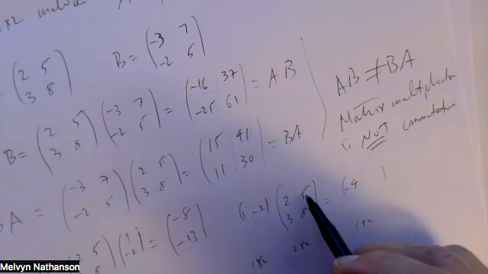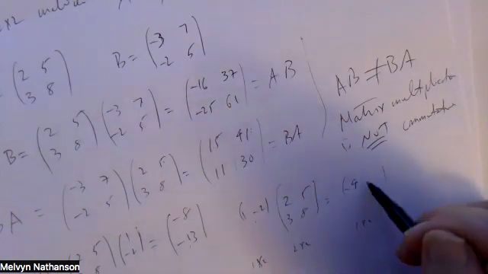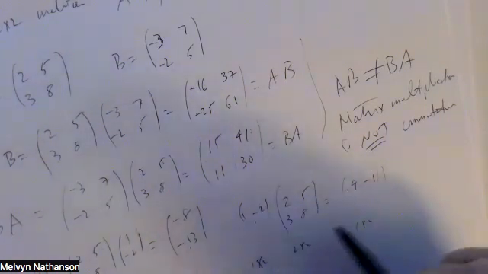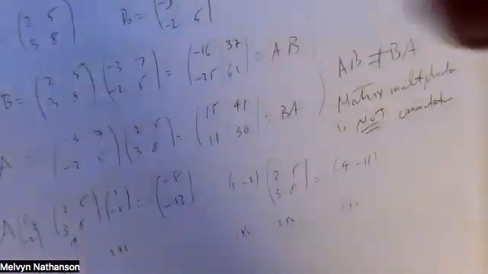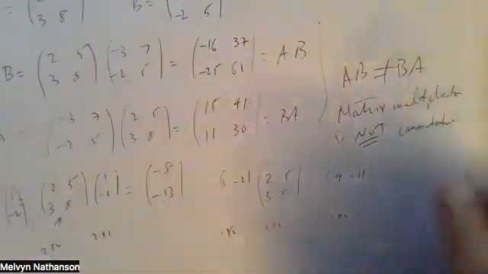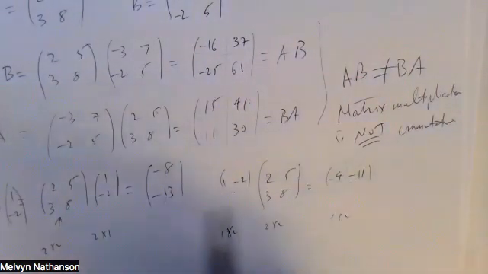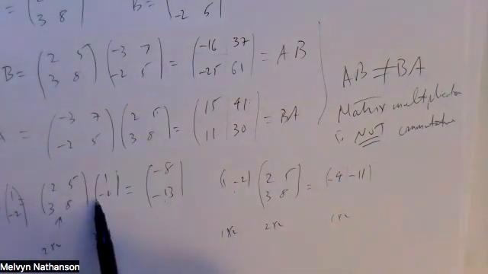First row, second column is 5 minus 16 is minus 11. So when we do this matrix multiplication on the left by a row vector, we get another row vector. When we multiply the matrix on the right by a column vector, we get another column vector.